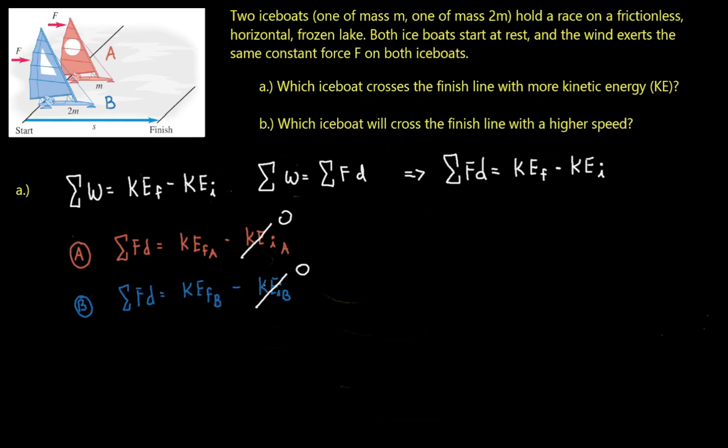And since both ice boats experience the same net force and displacement, we can set both equations for ice boat A and ice boat B equal to each other. So we will have the final kinetic energy of ice boat A equal to the final kinetic energy of ice boat B. So the answer to part A is that both ice boats will have the same final kinetic energy.